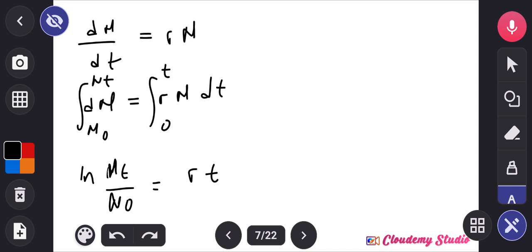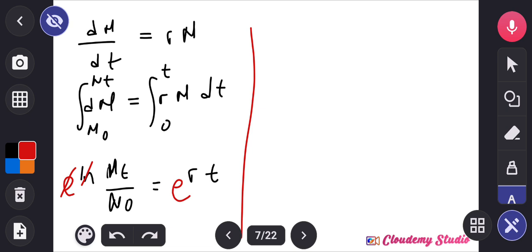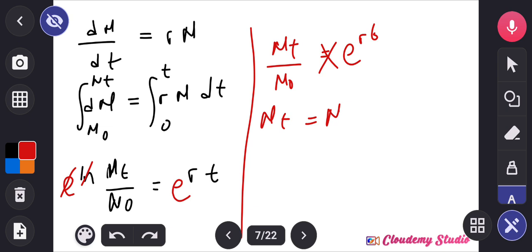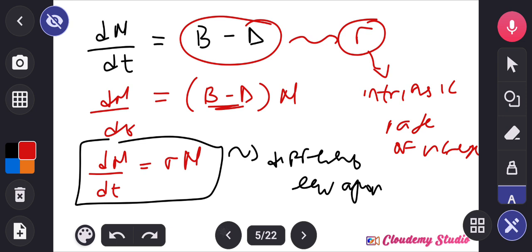Now, to cancel this ln, we use the exponent on both sides. The exponential is going to cancel out ln. Therefore, we have N(t) over N naught equals exponential rt. So we can cross multiply now. Therefore, N(t) equals N naught exponential rt.